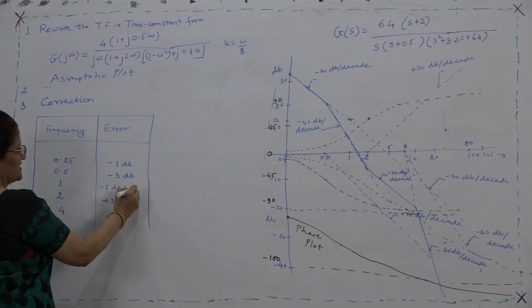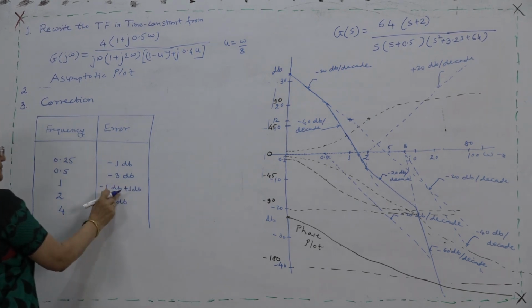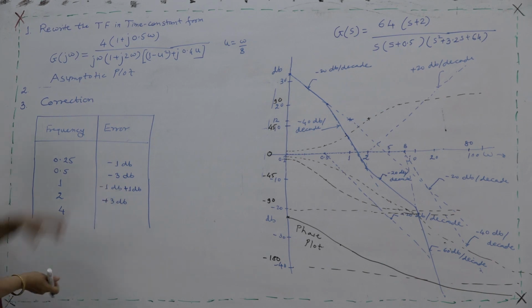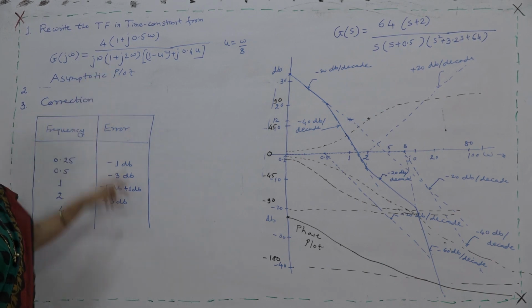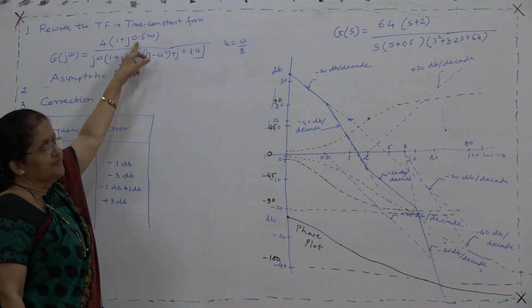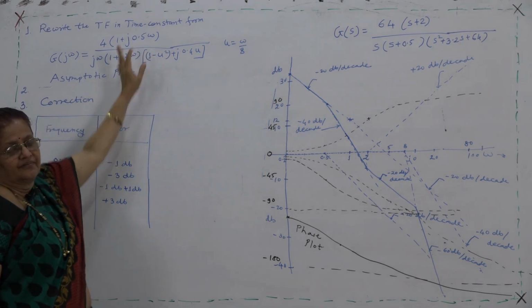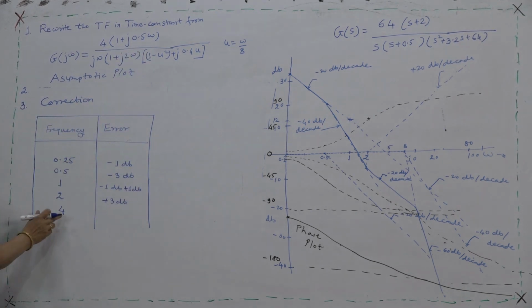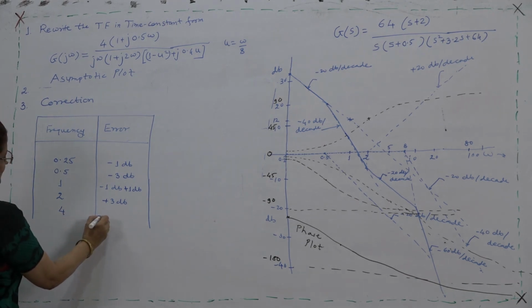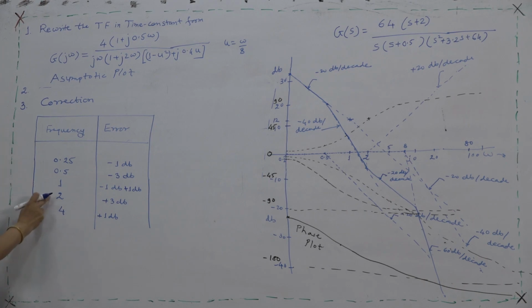So, you add just here that this minus 1 dB error is because of this factor, plus 1 dB error is because of this factor. Okay. Then at 4 it is plus 1 dB. Half the frequency and double the frequency 1 dB, at corner frequency it is 3 dB.